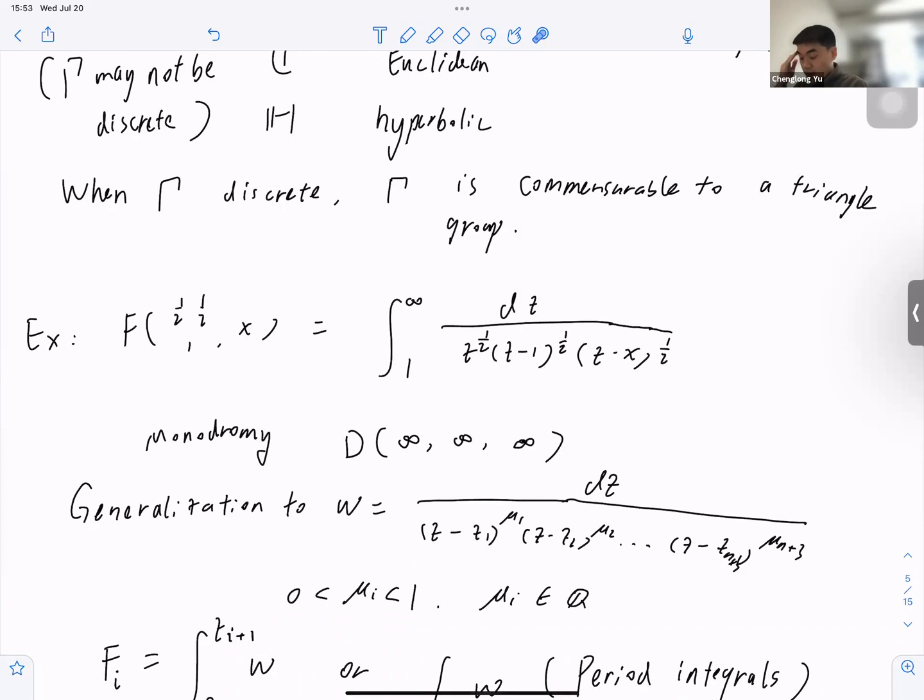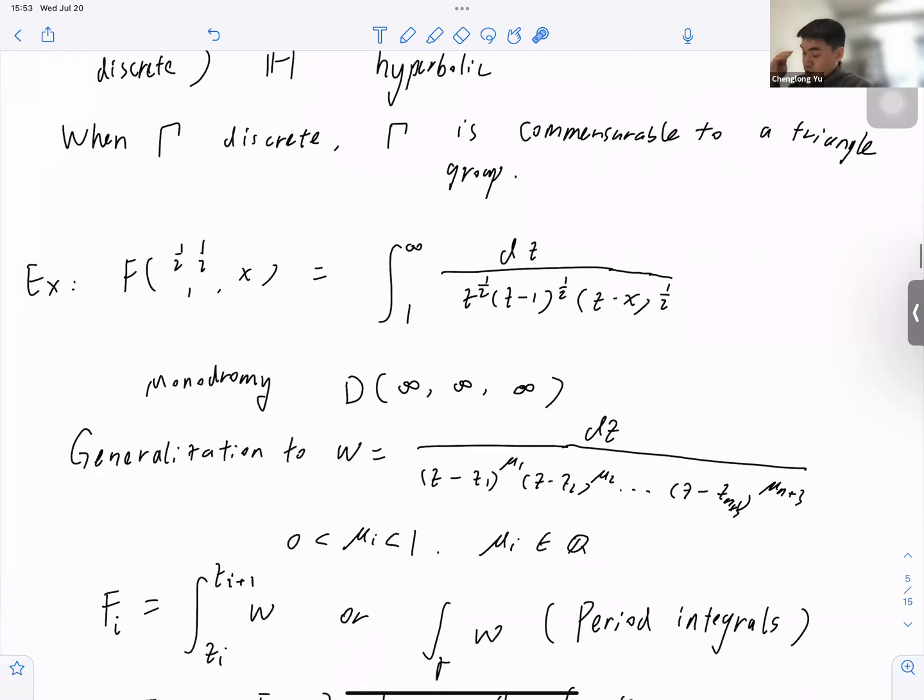When it's greater than 1, then the pole order is too large, and we cannot have a well-defined integration from z_i to z_j.